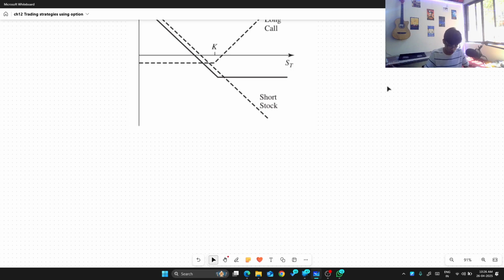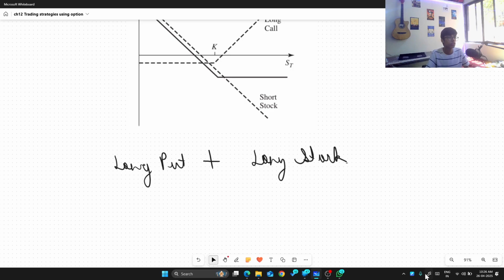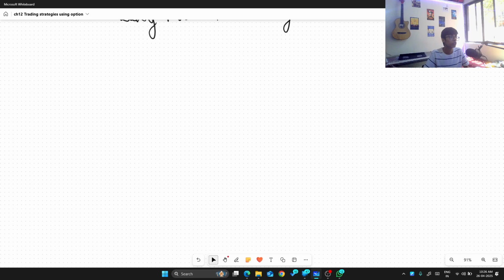So third is going long put plus long stock, right? So its payoff diagram will be easy.